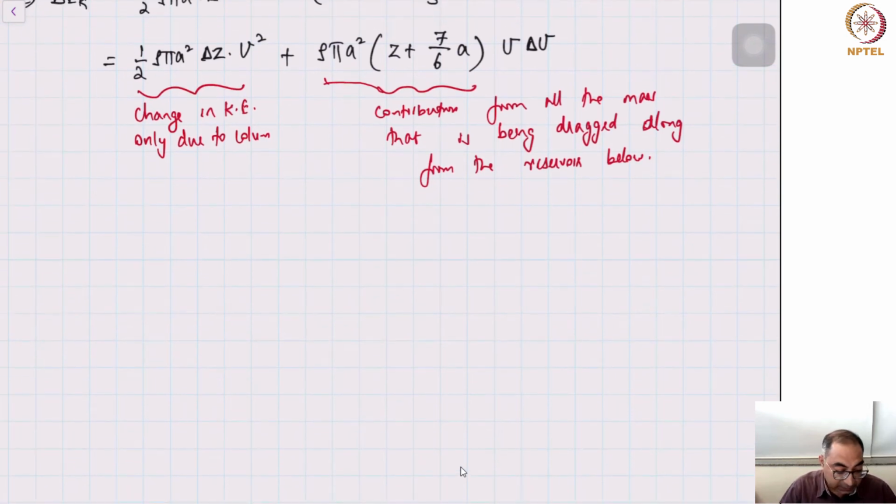So now you can clearly see that there's an additional term that has come into place.